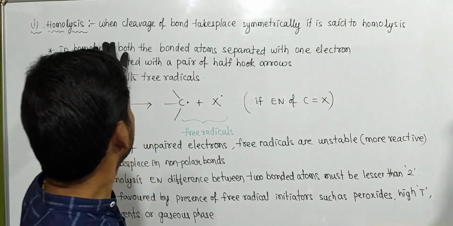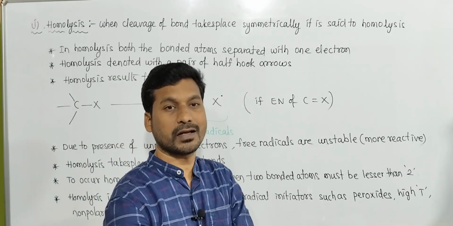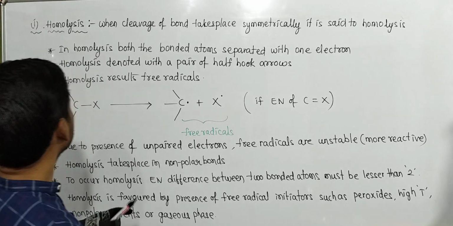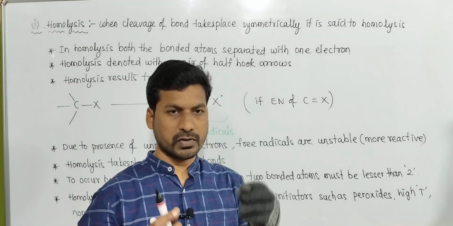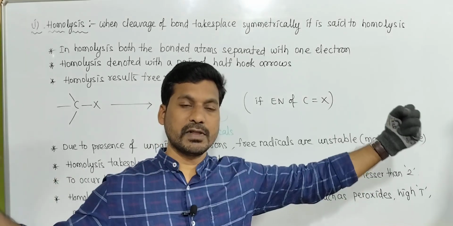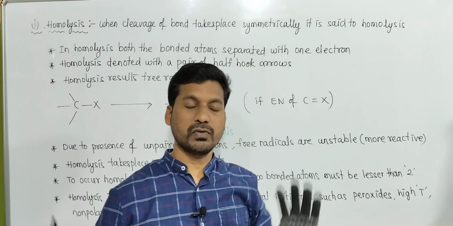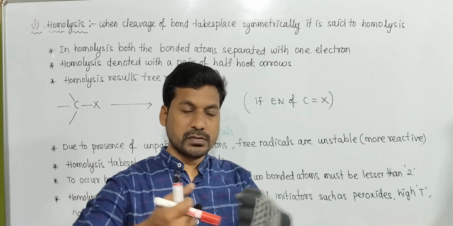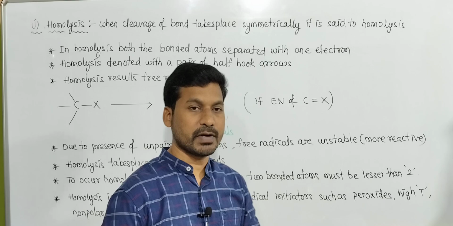In homolysis, both bonded atoms are separated with one electron each. Because a bond is made up of two electrons, each bonded atom takes one electron. Thus bond cleavage takes place symmetrically.